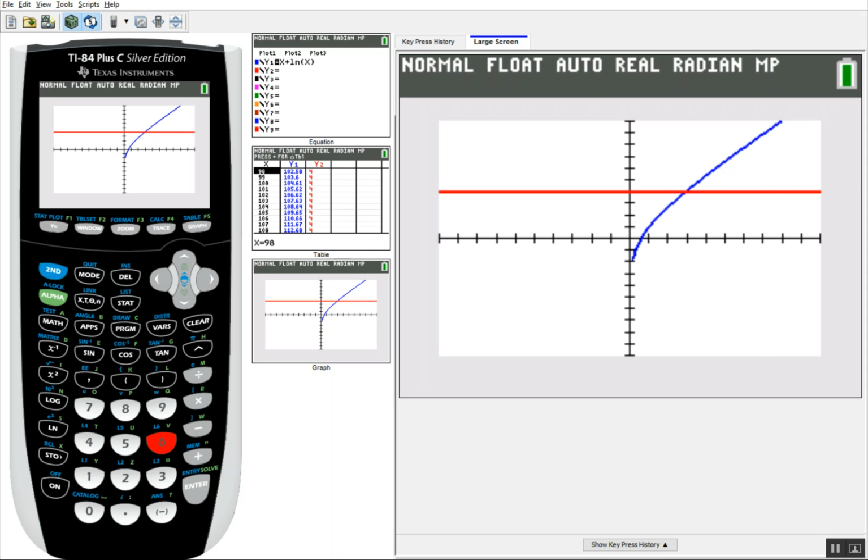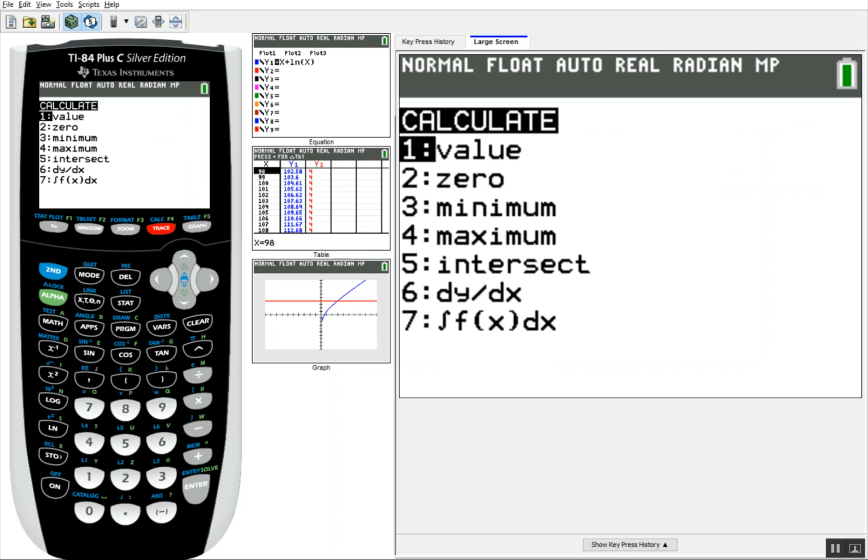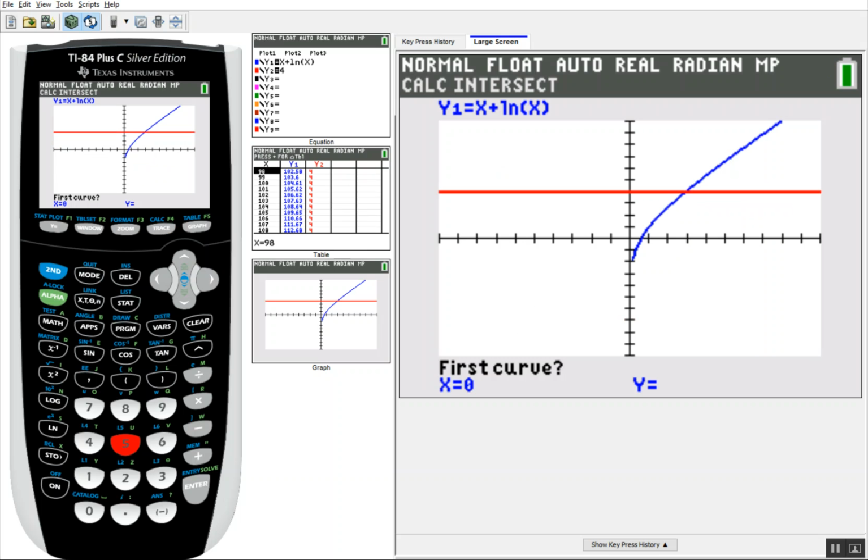So we can use our intersect function to figure out what that point of intersection is. So second, calculate, and we'll go down and use option 5 for intersect. I'll hit enter once for the first curve, or I guess it wants me to actually pick a point on the curve. Then we'll pick a point on the second curve, and then we'll guess.